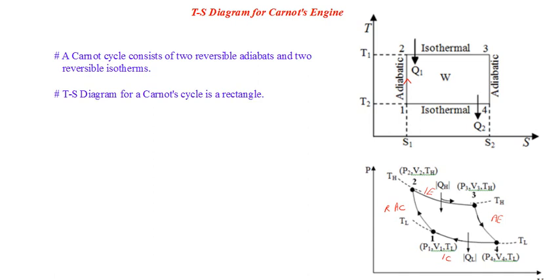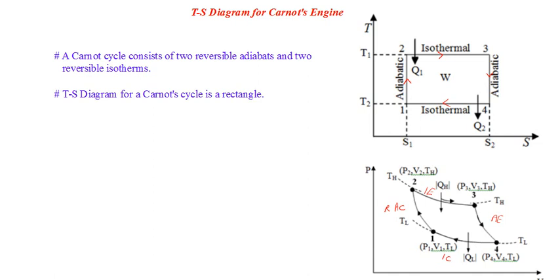Now 2 to 3, which represents the isothermal expansion, becomes a horizontal line parallel to the entropy axis, as we have seen. Then 3 to 4 will again be an isentropic curve corresponding to the adiabatic expansion process. Then from 4 to 1, it is once again an isothermal compression, and it results in the corresponding horizontal line.